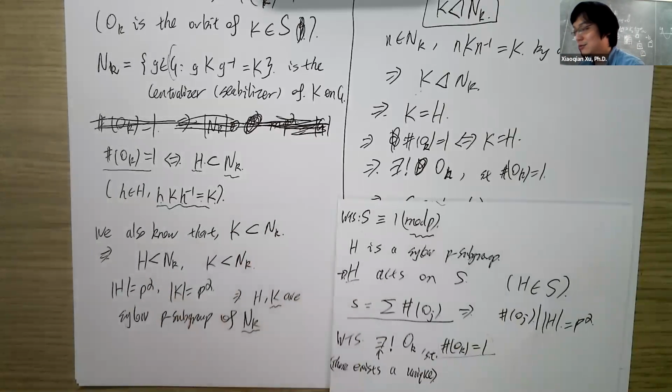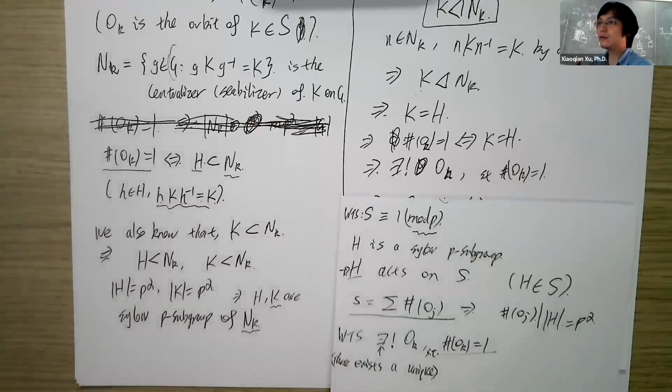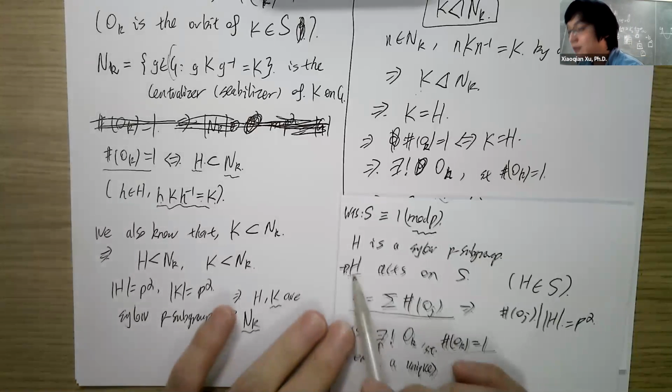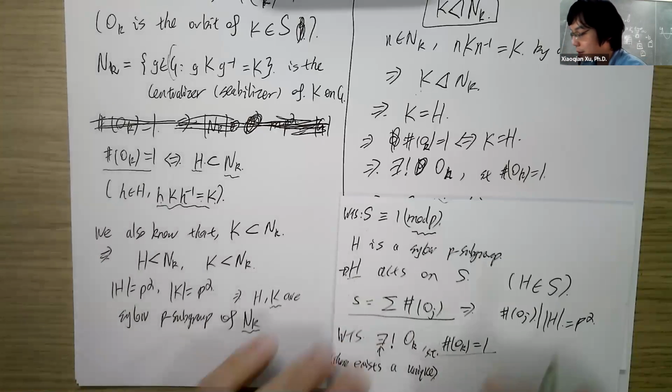Because H acting on H cannot change H. So probably what we want to see is that for any other Sylow P group, this H acting on such Sylow P groups will give you an orbit that is larger than 1. So that's what we are trying to do.